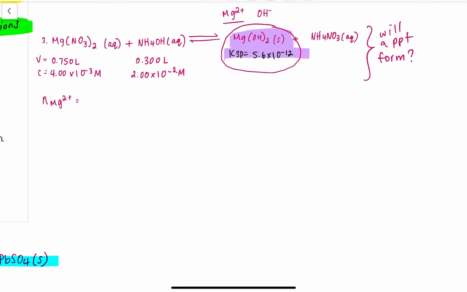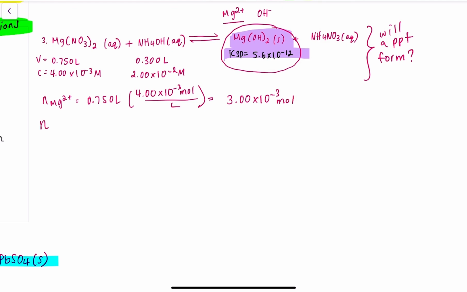The first thing I need to do is solve for the moles. So I know that there is 750 liters, and I multiply it by my concentration. And that will give me 3.00 times 10 to the negative 3 moles.